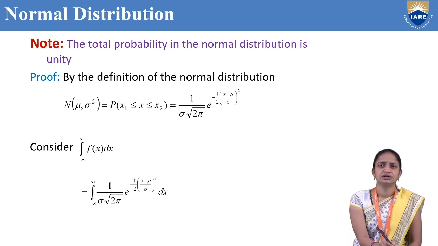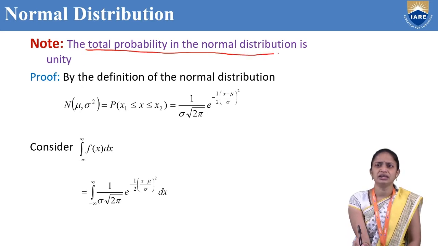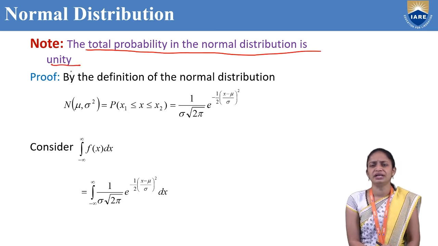Next, note that the total probability in the normal distribution is unity.